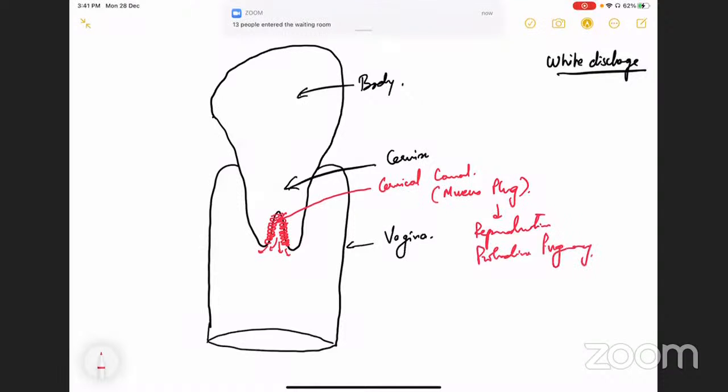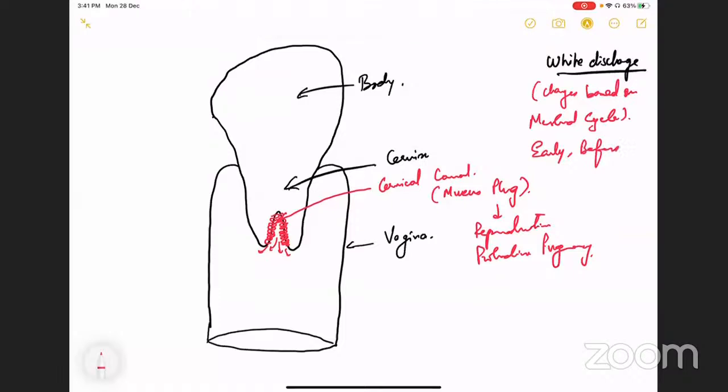But as we all know, the uterus is actually dependent on the ovary. So this type of discharge changes based on the menstrual cycle. It is important to remember that in early menses, that means just after menses and just before menses, in both these situations, women can experience an increase in discharge.